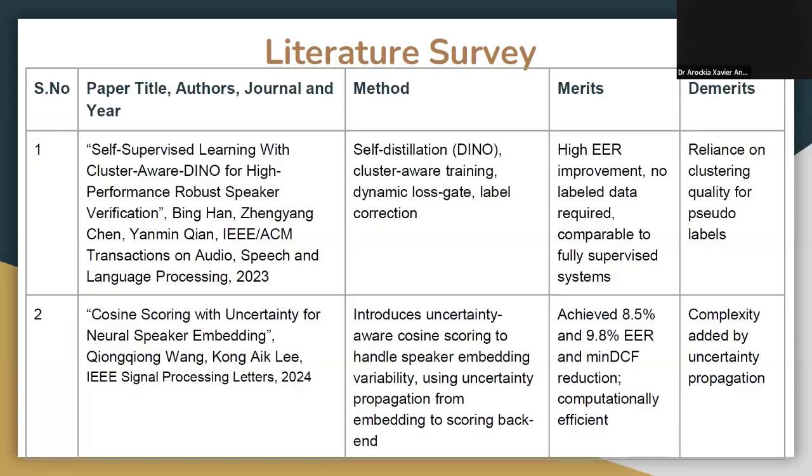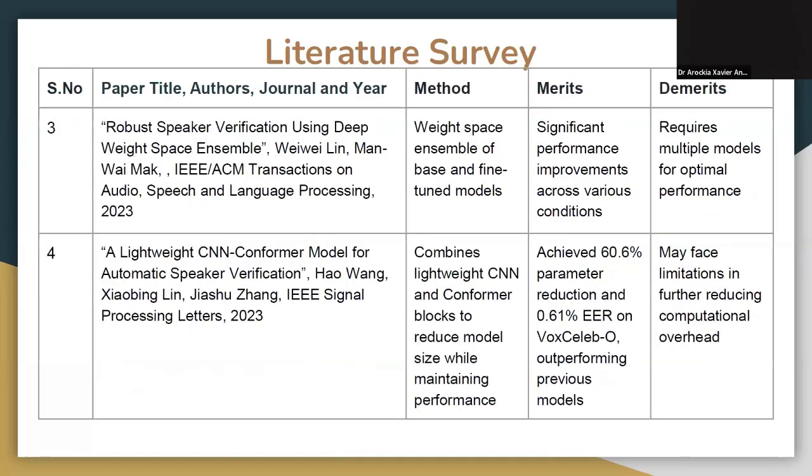It achieves 8.5% EER and 9.8% min DCF reduction. Computationally, it is efficient. The demerit captured here is the complexity added by uncertainty propagation. So in both of these works, we have to combine EER as the evaluation metric along with min DCF in our work as well.